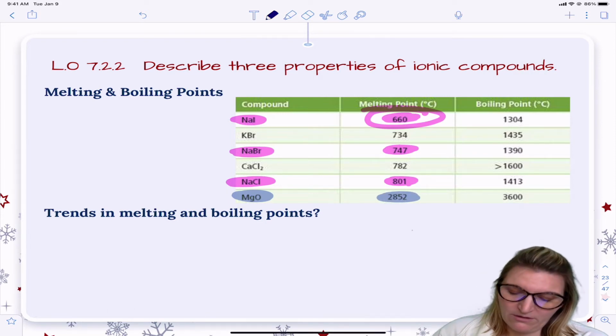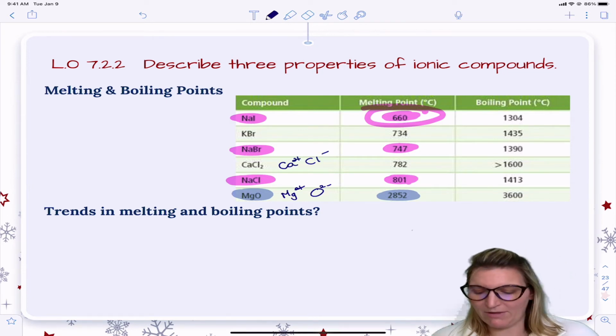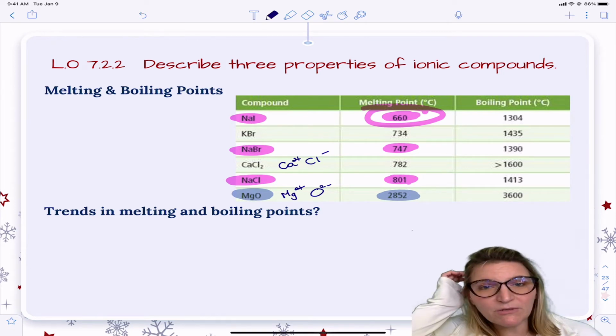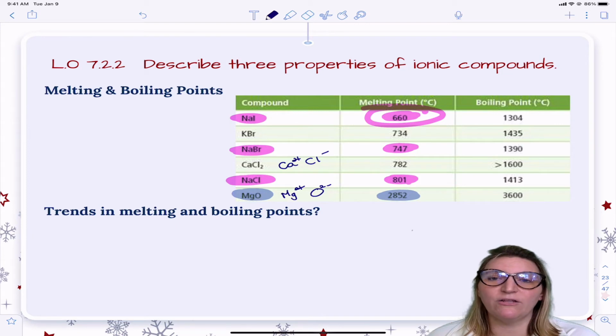Remember, magnesium is a 2+ ion and oxygen is a 2- ion. Calcium chloride, calcium is a 2+, but chlorine is only 1-. So you can see very similarly, both factors of Coulomb's law are contributing to the differences that we see in melting point.